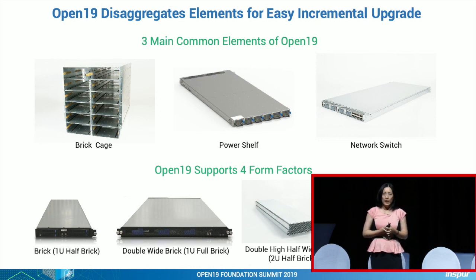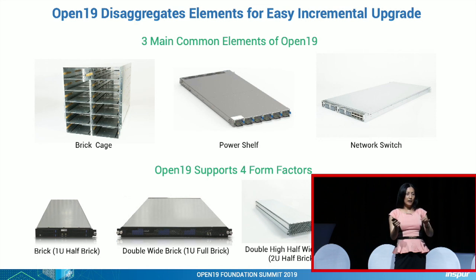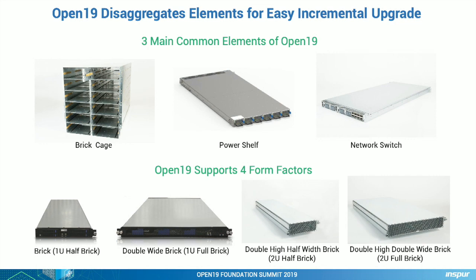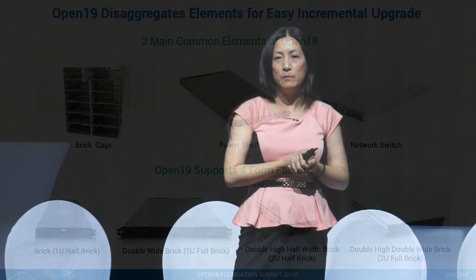With these form factors, manufacturers can design different types of servers and boards that fit into them. So you can actually buy servers from any server provider out there instead of limiting yourself to a specific server form factor, like the way OCP and ODCC require you to buy a specific 21-inch width server that would only go into an OCP rack.